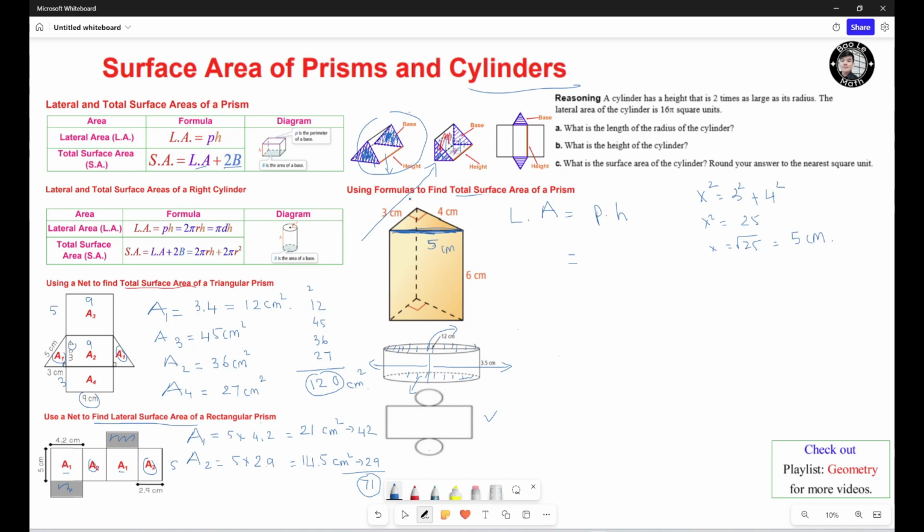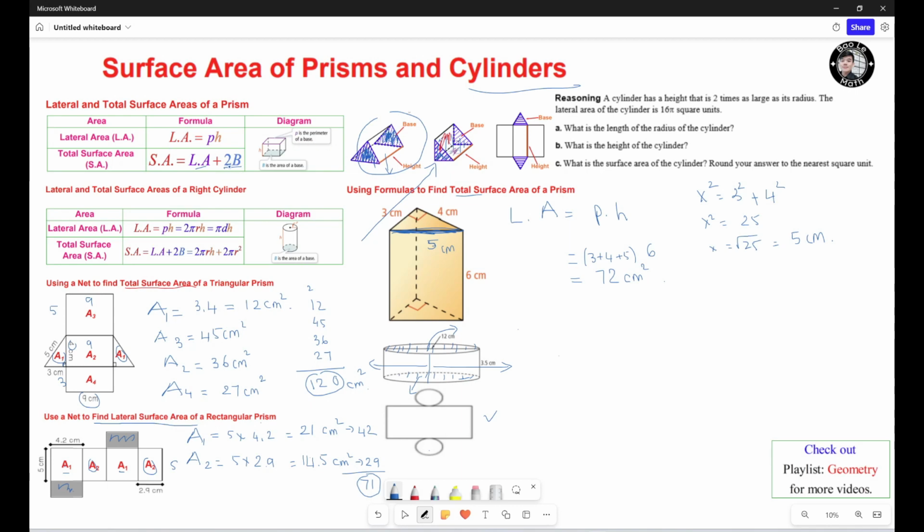So perimeter equals 3 plus 4 plus 5, right? Multiply by the height, it's going to be multiplied by 6. 3 plus 4 plus 5 is going to be 12. 12 times 6 is going to be 72 centimeter square right here.